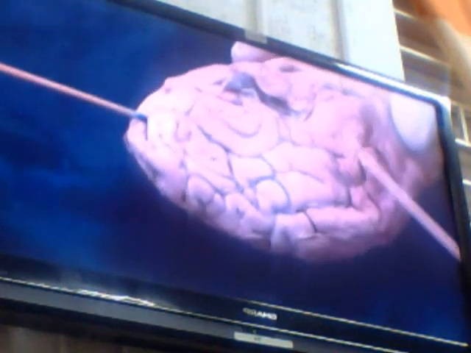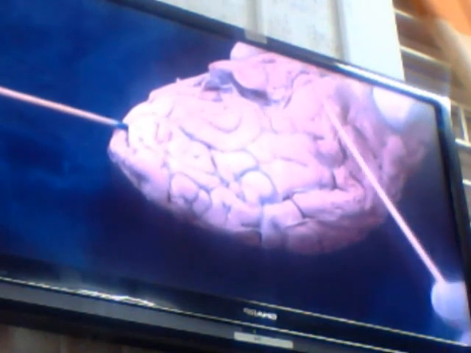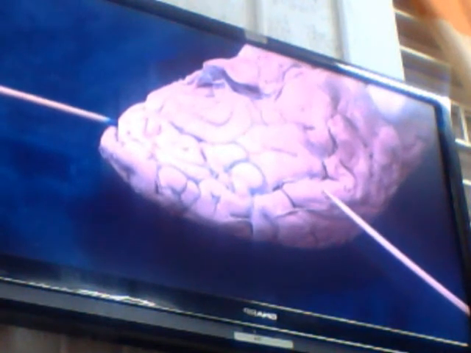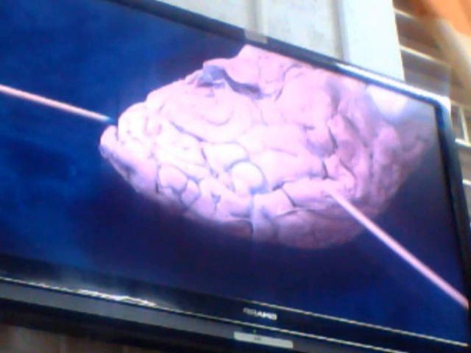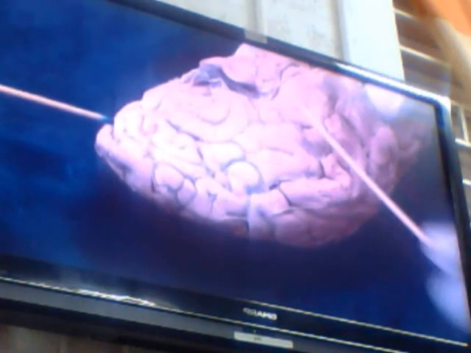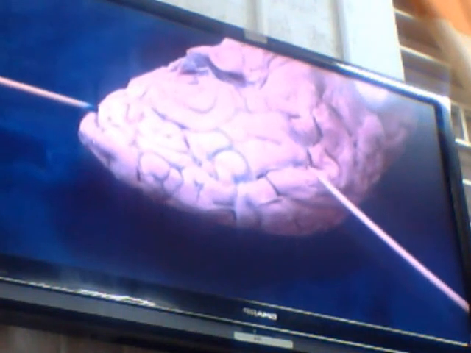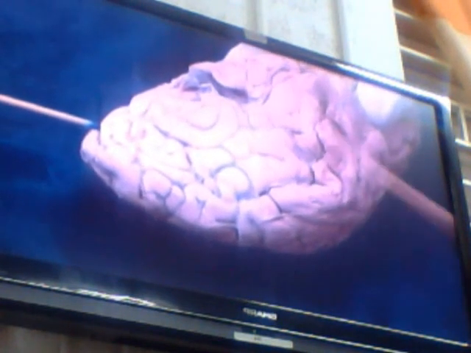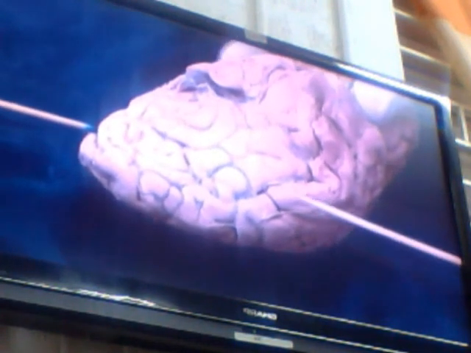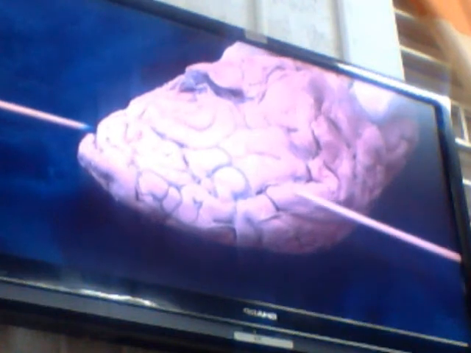Now listen to me. When you come to the underside of the temporal lobe, what do you call this one out here? Is it on the inferior side or the lateral side? Alright, well this has two names.